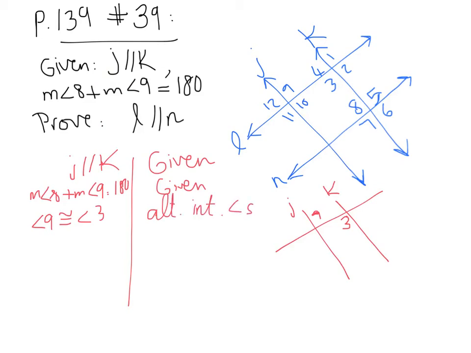And doesn't that mean that we can do a substitution since angle 9 and 3 are the exact same thing? Then I can take out angle 9 and put angle 3 in. So that's what I'll do. I'll take angle 9 out and I'll rewrite the exact same statement, but I'll plug in angle 3 since it's equal to 9. And that is substitution.